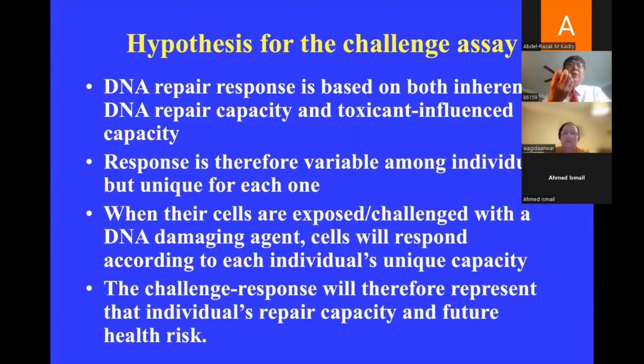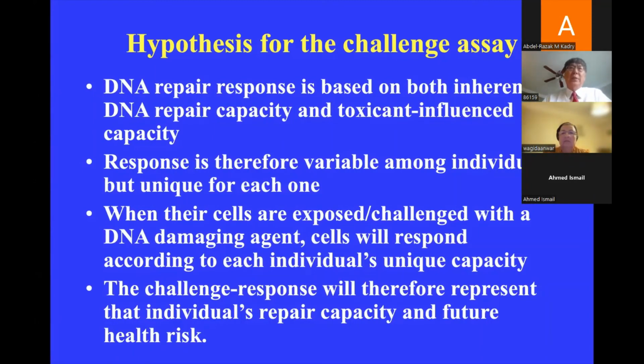So the cell inherited the gene for DNA repair, as well as any toxicant influence capacity. We have found that people who smoke cigarettes have lower repair than people who don't smoke. So these are toxicant induced influences.